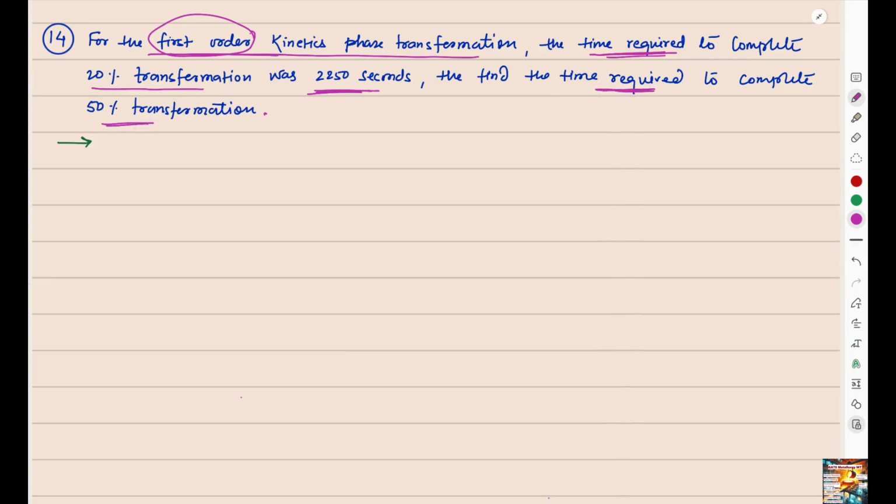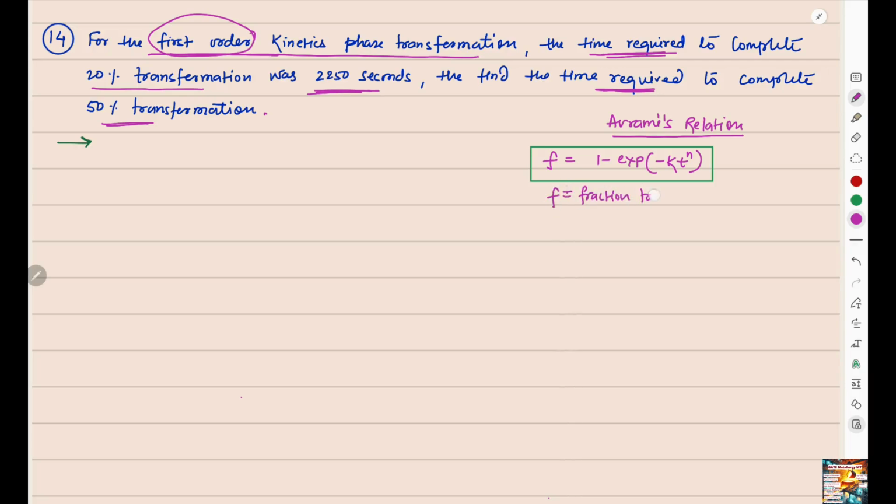Now we know that for phase transformation kinetics, we have the Avrami relation, where fraction of phase transformation f equals 1 minus exponential of minus (k t) to the power n. In this case, f is the fraction transformed, k is the rate constant, t is the time, and n is the Avrami kinetics exponent.